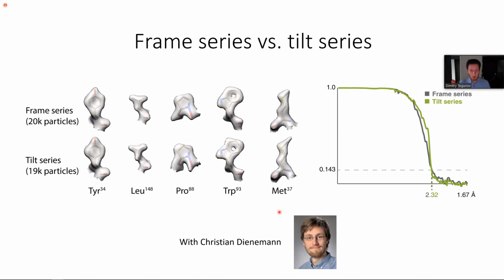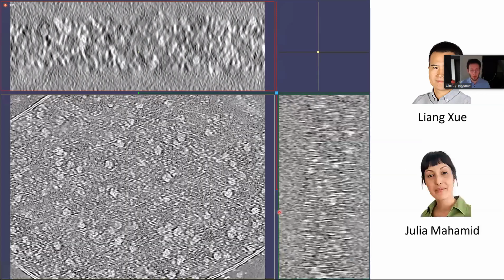Now, about in situ. So far, I've only shown you results for in vitro samples, but I promised in situ. So here it comes. Last summer, I was approached by my former colleague, Julia Mahamid, and she was setting up her own lab. She was looking for a new, robust, high-resolution pipeline for tilt series analysis.